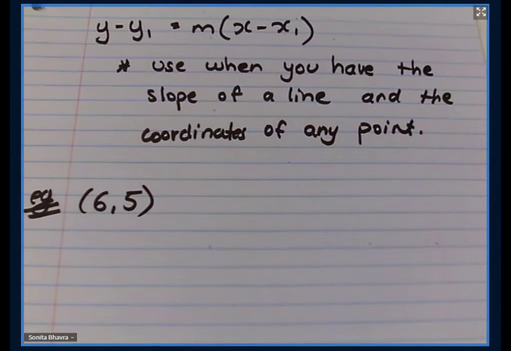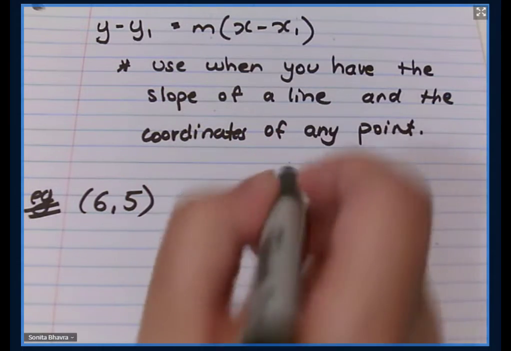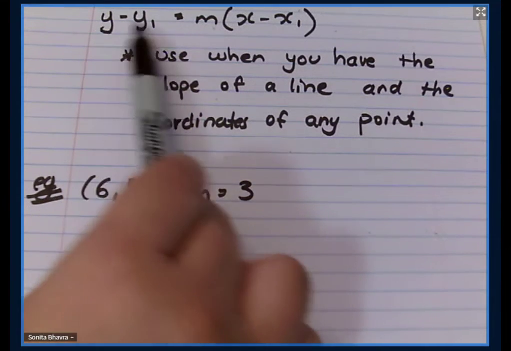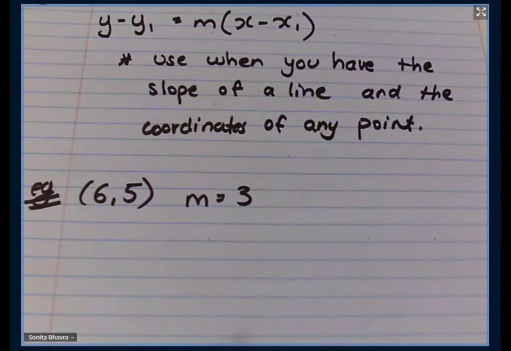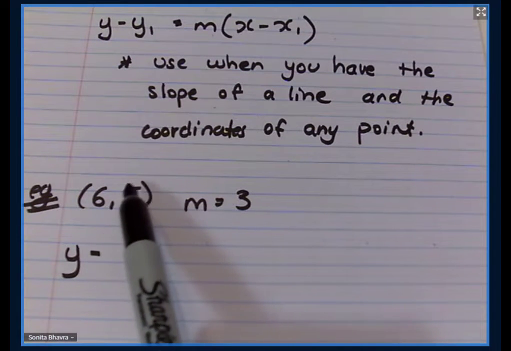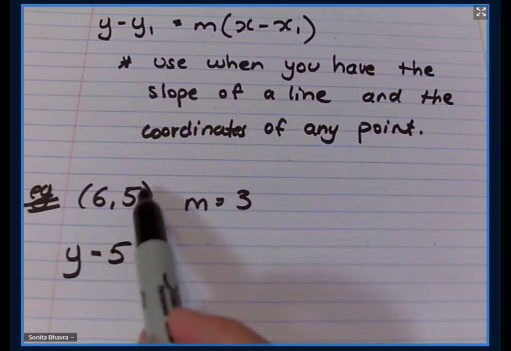And let's say we know that our slope is equal to 3. Okay, so since we know these two pieces of information, we can put our equation of our line in our slope point form.